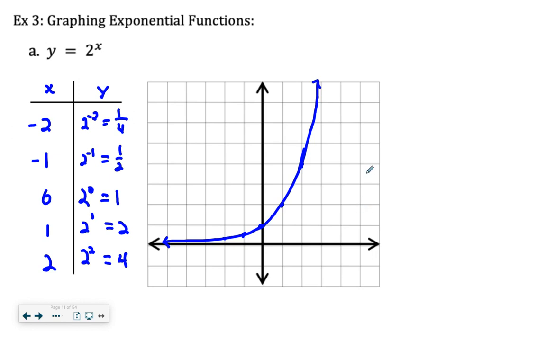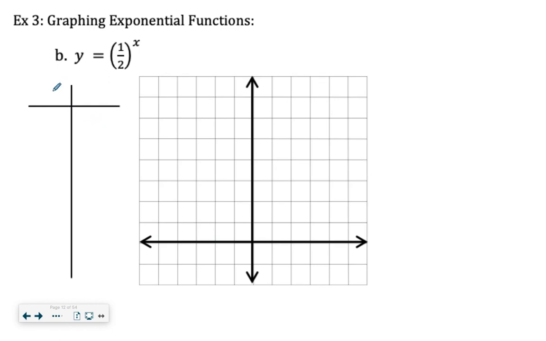Okay, so now let's try the same thing, but with y equals (1/2)^x. So again, let's plug in those same values, -2, -1, 0, 1, and 2. If I plug in -2, 1/2 to the negative second power, well, I could distribute that negative second power into both of those, right?